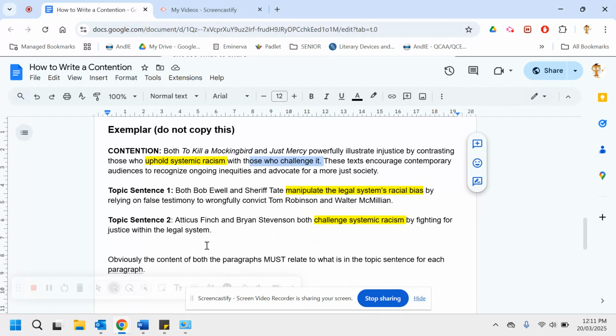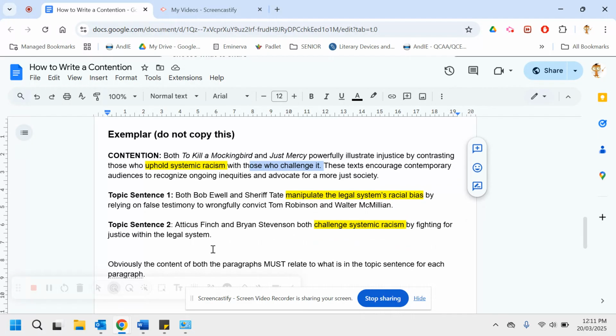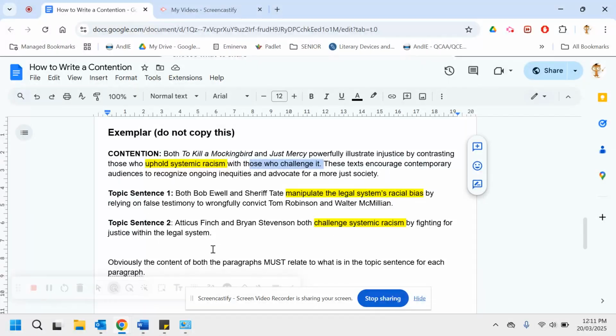So I chose to do the example on the justice system, or injustice specifically, because that is where I saw connections. But if you're doing other films like The Help, or High Ground, or something else that your teacher has given you, obviously, if there is no legal system or justice system in there, then you can't do that topic. But you will find other connections.